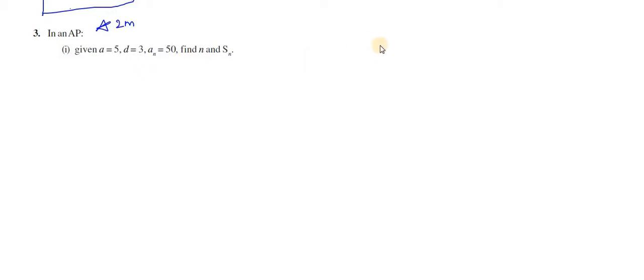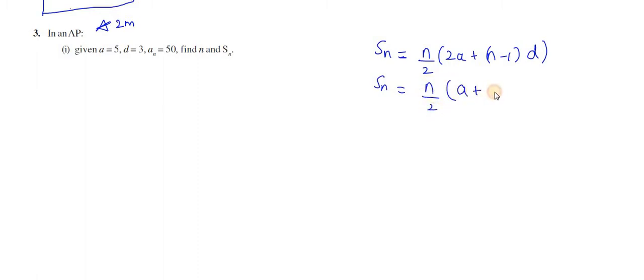We know the formula to find Sn. What is the formula? That is n by 2 into 2a plus n minus 1 into d. This is one formula. Or else we can use Sn is equals to n by 2 into a plus an.